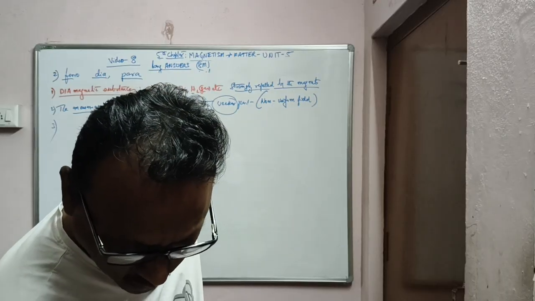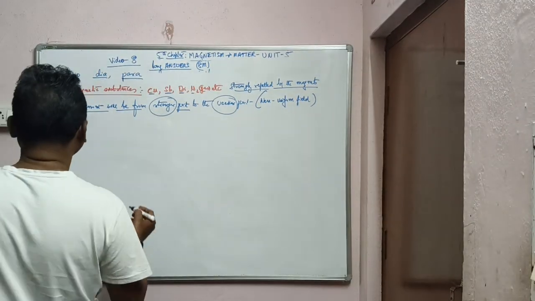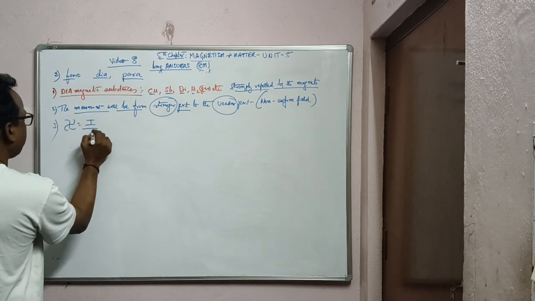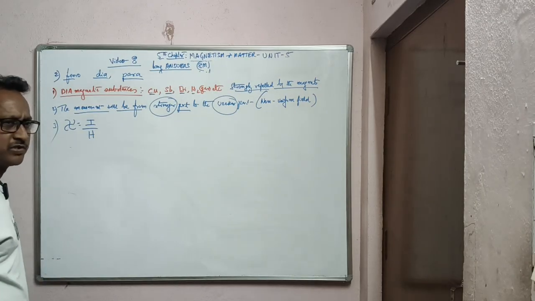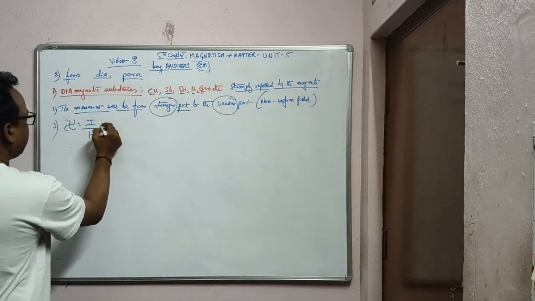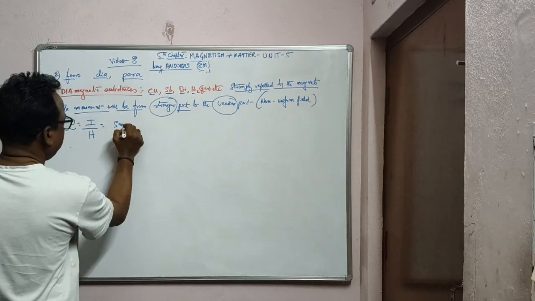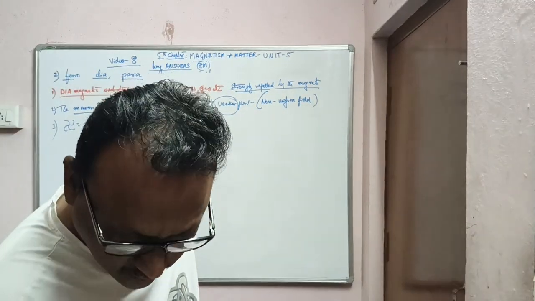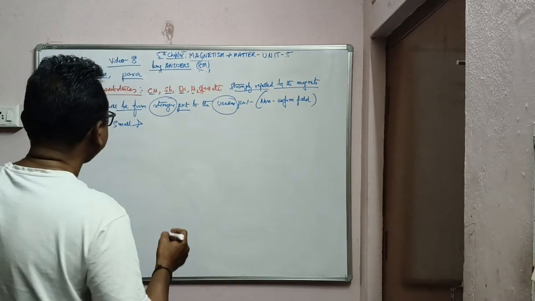Now let us go to the zeta part. Zeta, which is equal to I by H ratio, intensity of magnetization to the magnetizing field, and this value is small and negative. Please write it down.